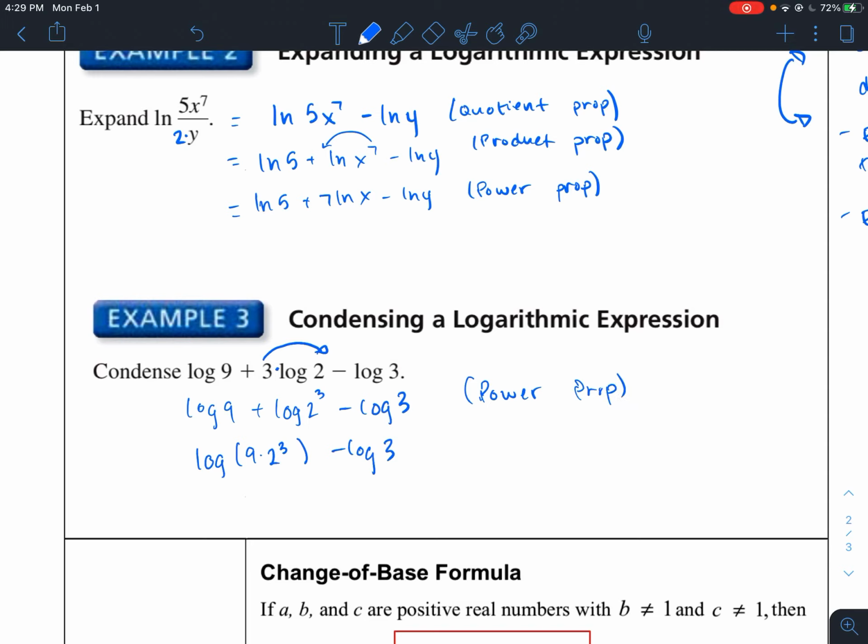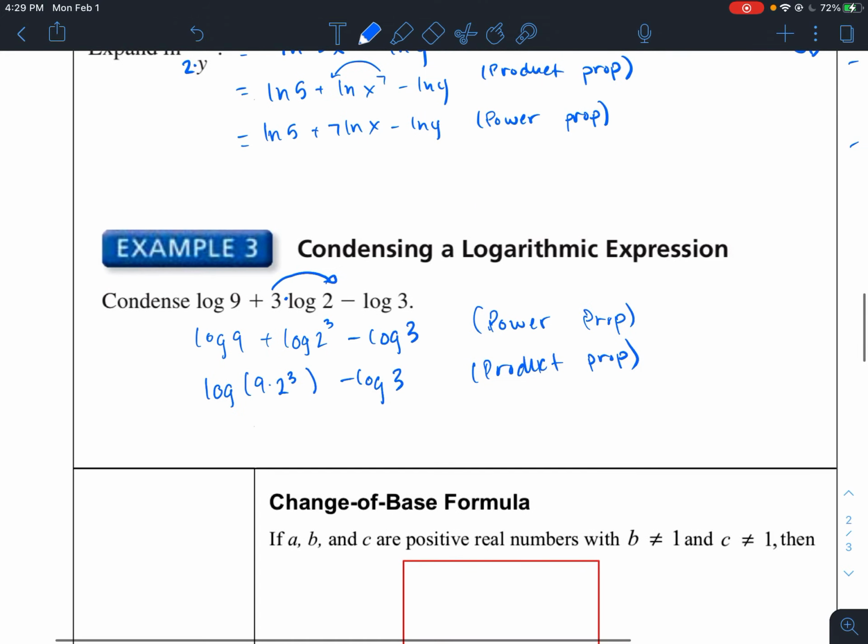I'm getting myself mixed up. And then this one was the product property. Okay, and now this is being subtracted, so if we were to condense it, it would be dividing. So log of 9 times 2 cubed, which is 8, and then divided by 3. And that was using the quotient property.